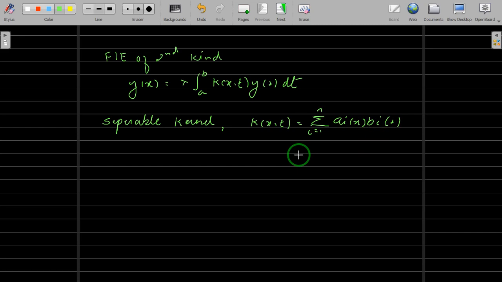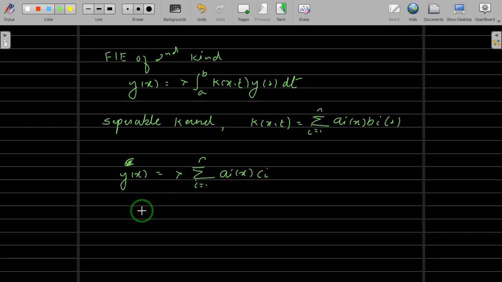Then we denoted something called c_i. After substitution and all, we got y of x is equal to lambda summation i from 1 to n of the function a_i(x) and then c_i. So if you know the values of c_i, that means you have the solution.